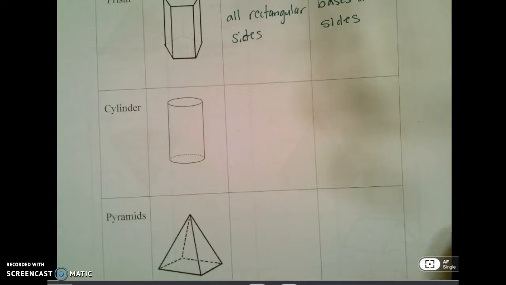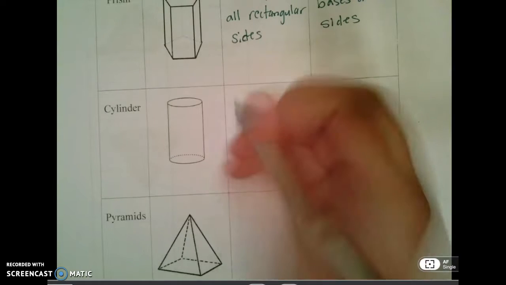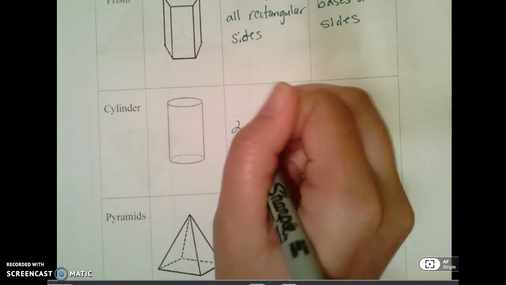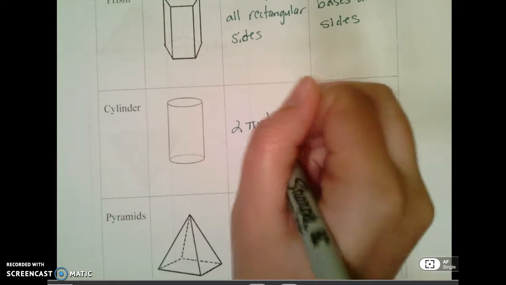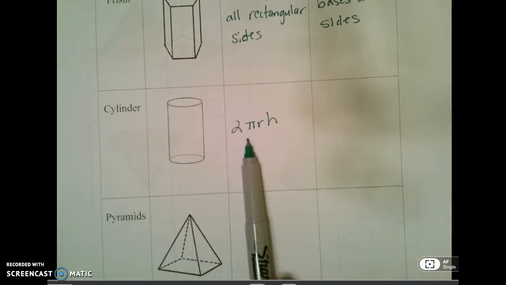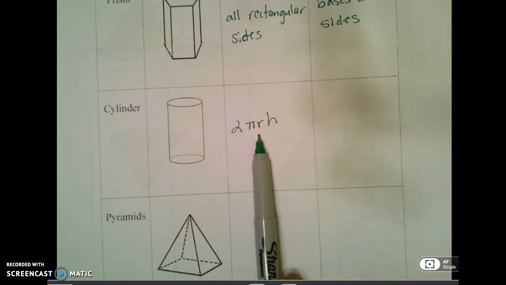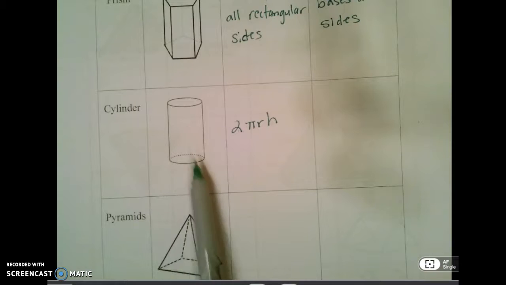To find the area of just the rectangle, I have to use 2 pi r h. Pi is obviously the 3.14, the little button on your calculator. R is radius, and h is height. So radius of my circles, and then the height of my whole cylinder.